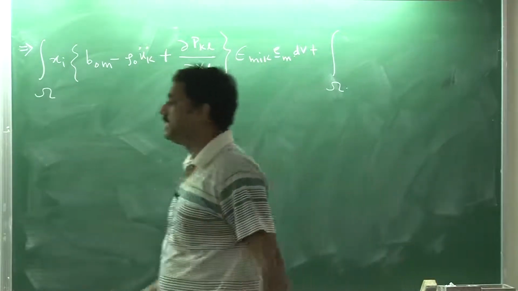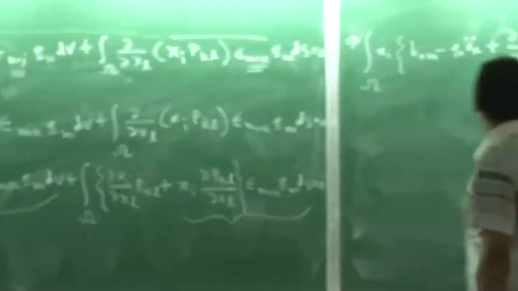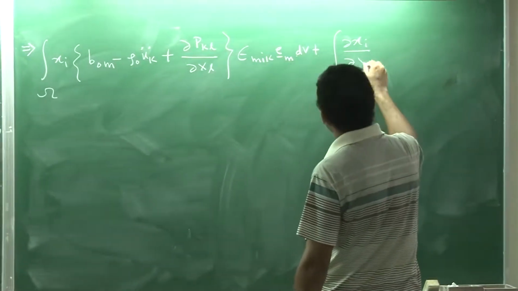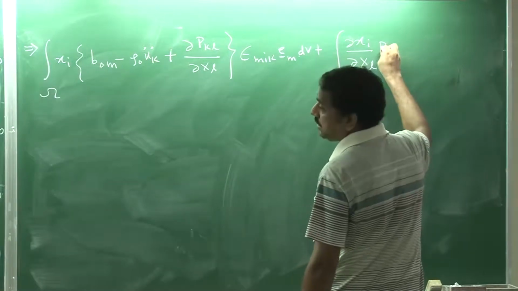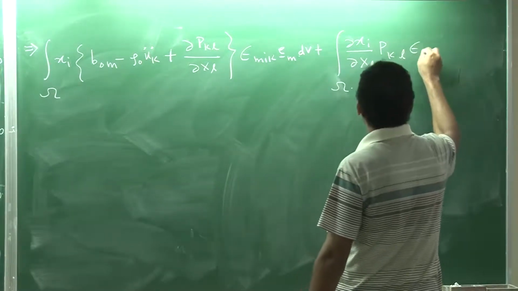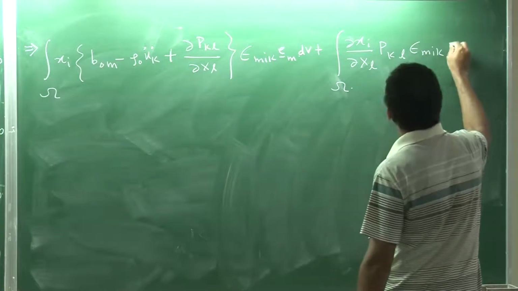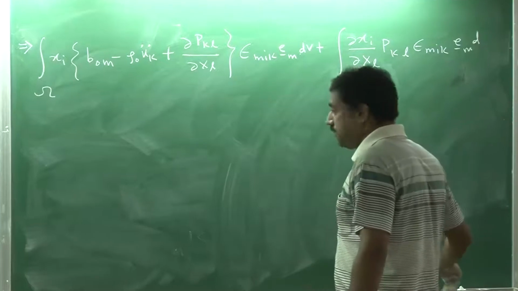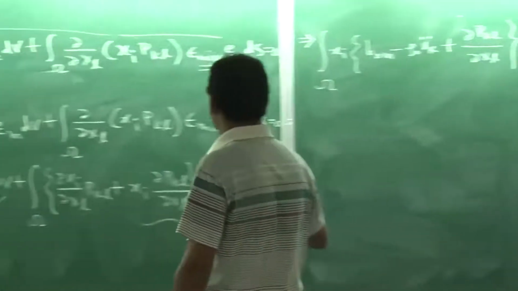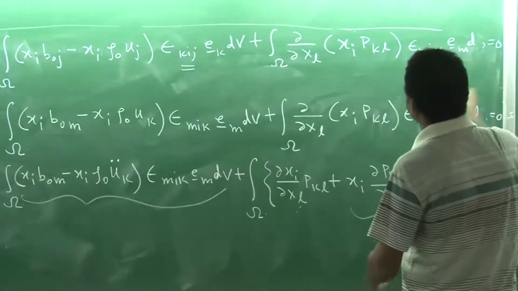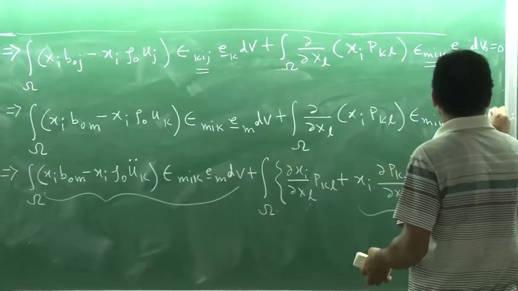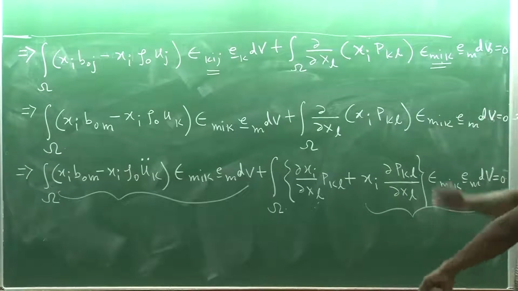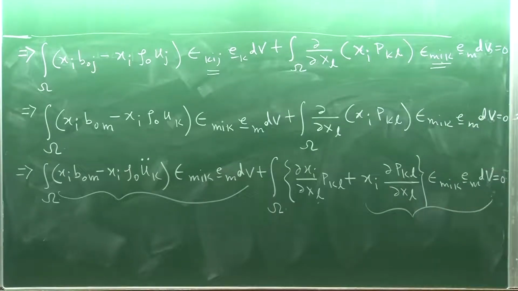The remaining term is this one, del small xi del capital XL capital PKL epsilon Mik em dV. Here you mind that we have already converted it into a volume integral, right. So, sorry for that, please note that we have already converted to volume integral, so it will be dv, equal to 0.